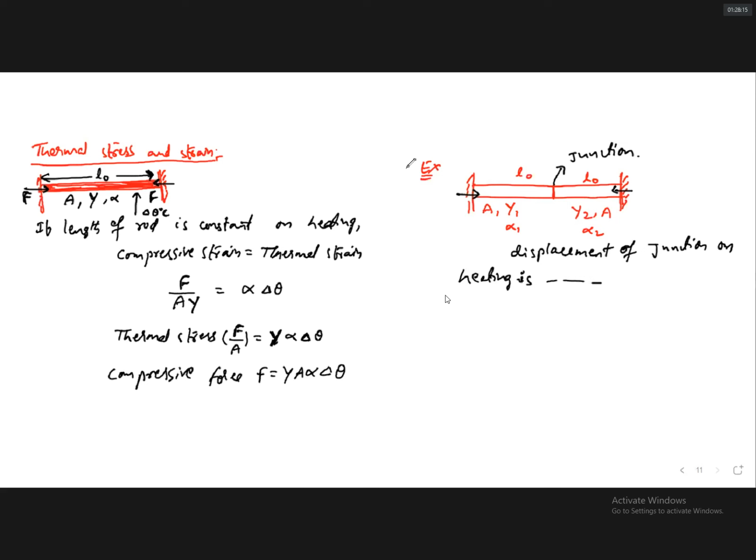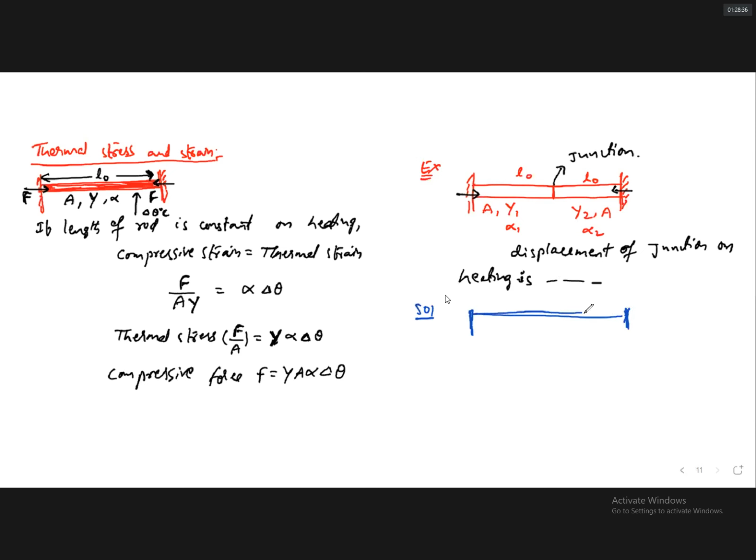Here we can assume that the length of the composite rod remains the same, since it is kept between two supports.